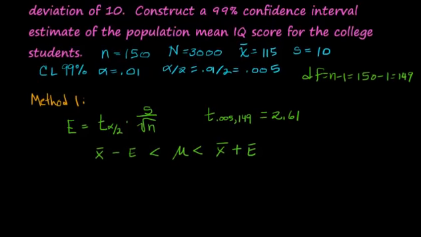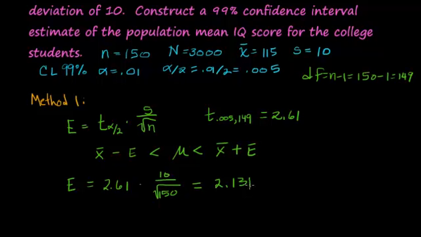So let's compute that margin of error. E equals 2.61 times the sample standard deviation over the square root of the sample size. And we get 2.131, I'm just going to carry that out, 06.